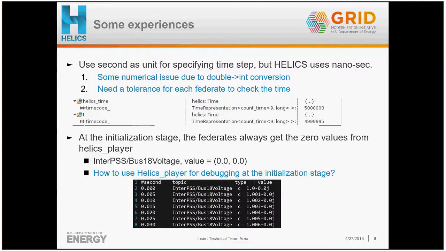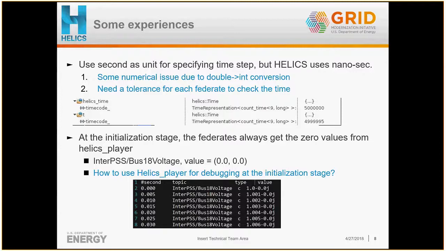Here is a capture showing the time in the current time step and the HELICS time, which is the time approved by HELICS.